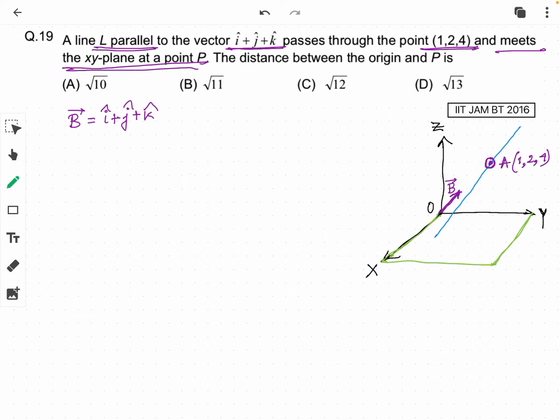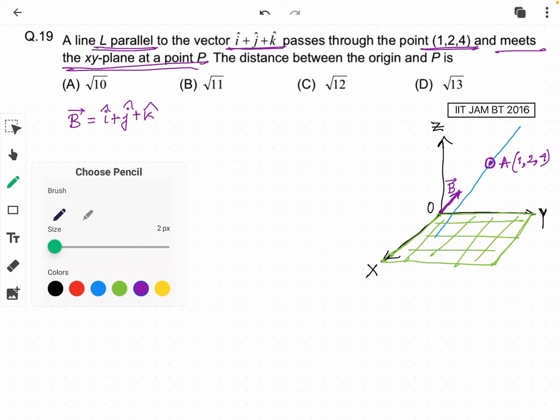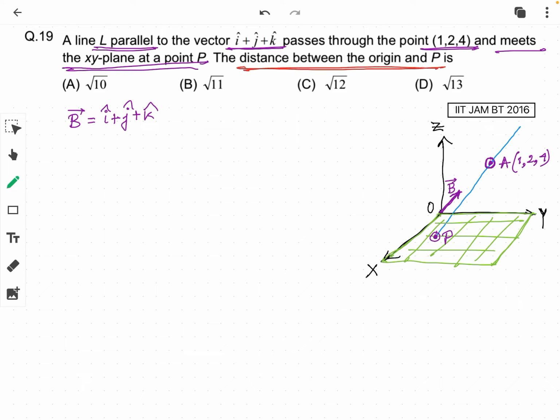Okay, this is the xy plane, where the line L meets the xy plane at point P. And we need to find the distance between the origin and P. That means this O and P. We need to find OP, the distance between the point O and the point P.